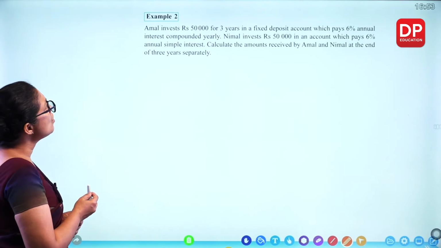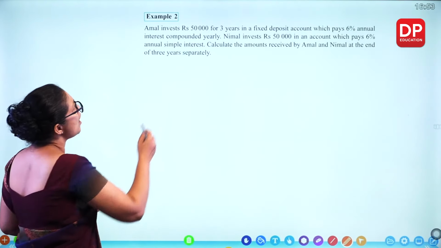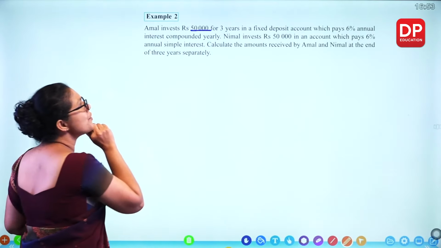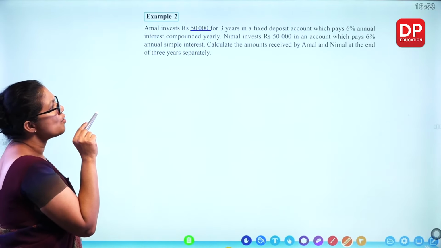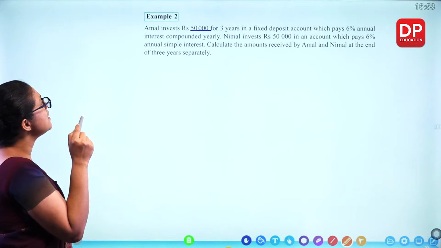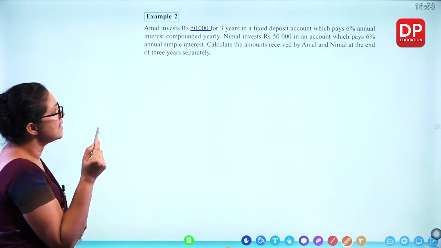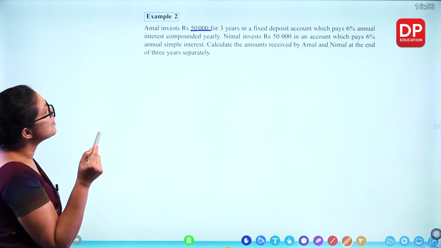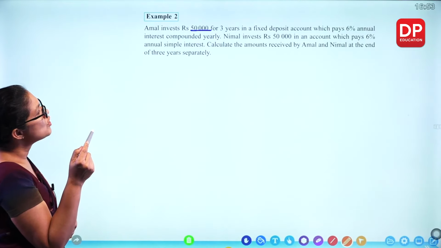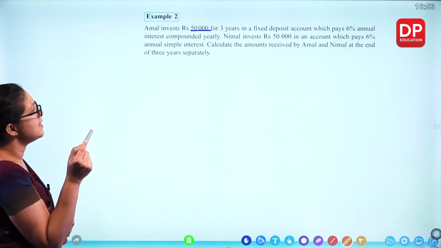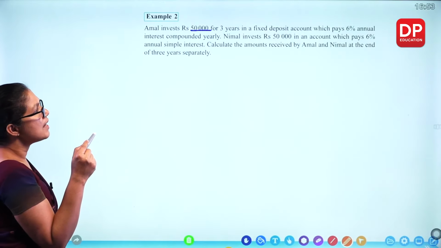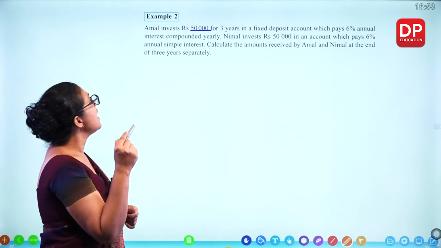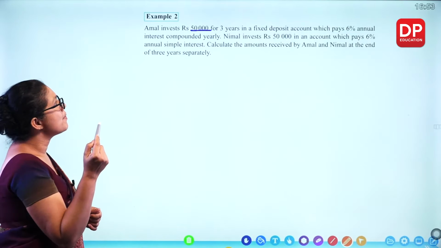Example number 2. Amal invests 50,000 rupees for 3 years in a fixed deposit account which pays 6% annual interest compounded yearly. Nimal invests 50,000 in an account which pays 6% annual simple interest. Calculate the amounts received by Amal and Nimal at the end of 3 years separately.